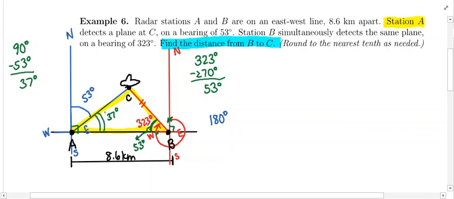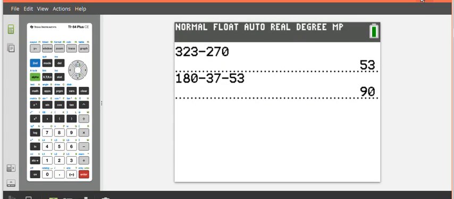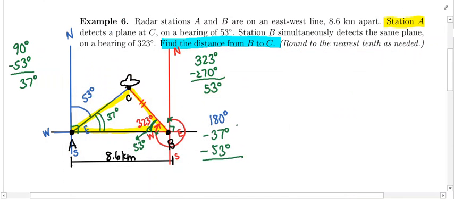This green 37-degree angle right here, if I subtract that out, and then I also subtract out this green 53-degree angle, not the blue 53-degree angle, I'm talking about the green one, if I subtract these from 180, look what's left. 90 degrees. So this is a right triangle.